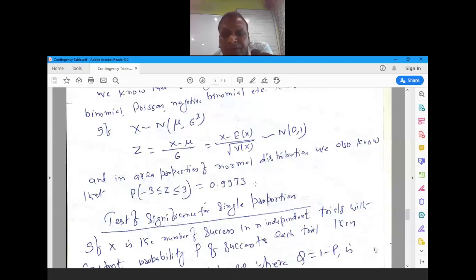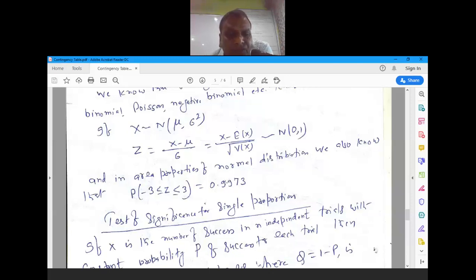We have already discussed in the course STAT 511 this area property under the normal probability curve, that is, the area that lies between mu plus or minus 3 sigma. This area property will be used in Z test.